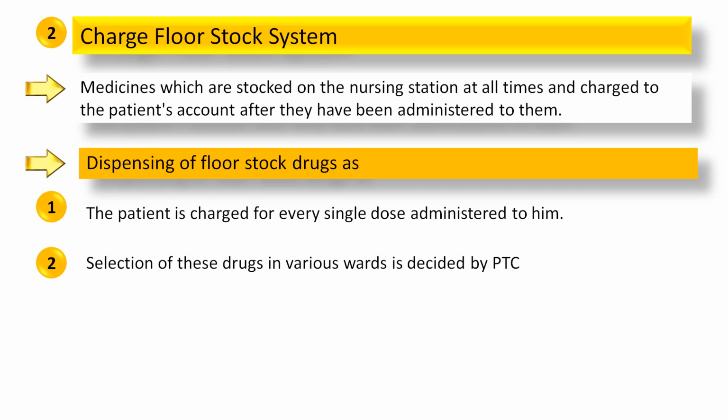Second, the selection of these drugs in various wards is decided by the Pharmacy and Therapeutic Committee. The Pharmacy and Therapeutic Committee will act like a decision-making authority. Which drugs have to be kept and which drugs have to be selected in various wards will be decided by the Pharmacy and Therapeutic Committee.